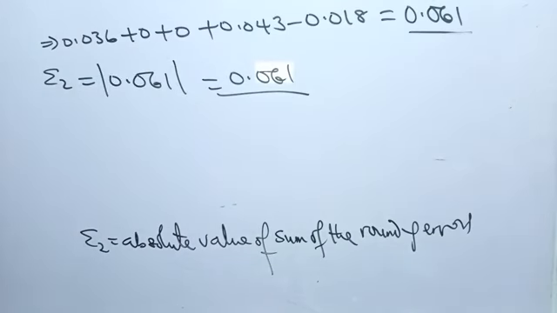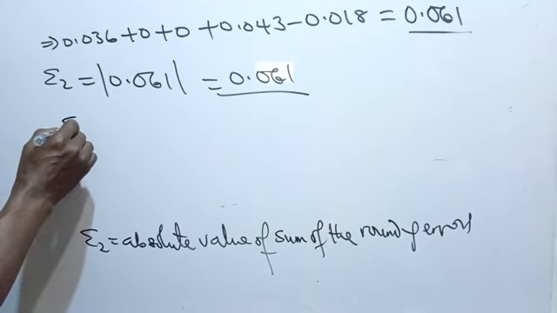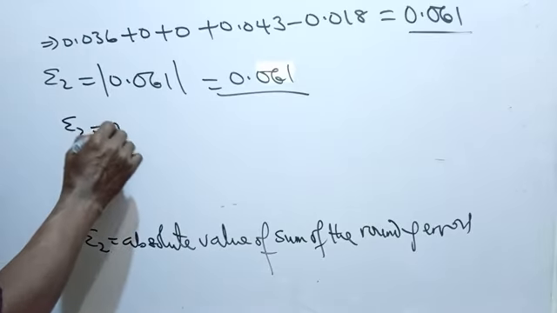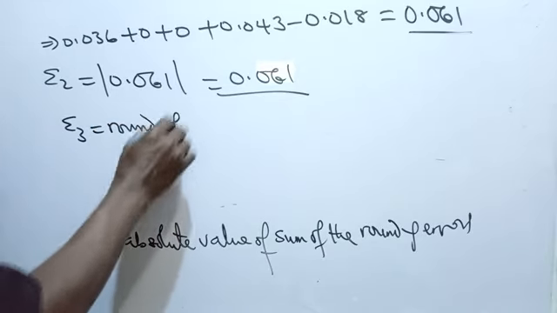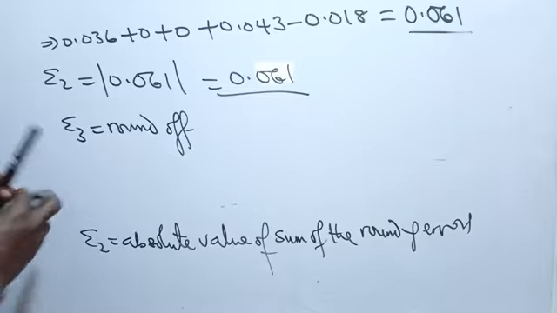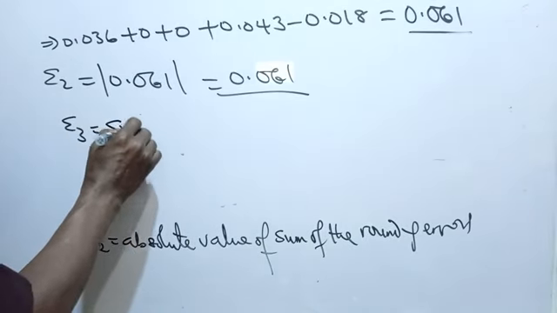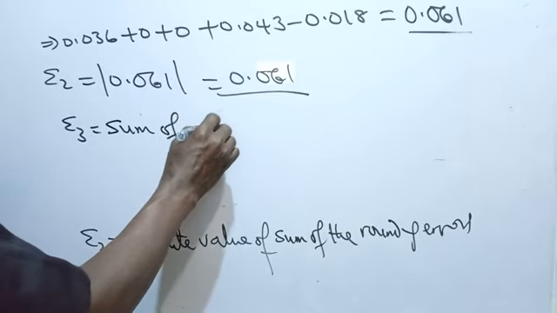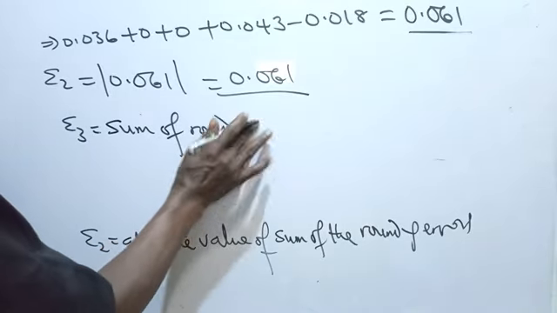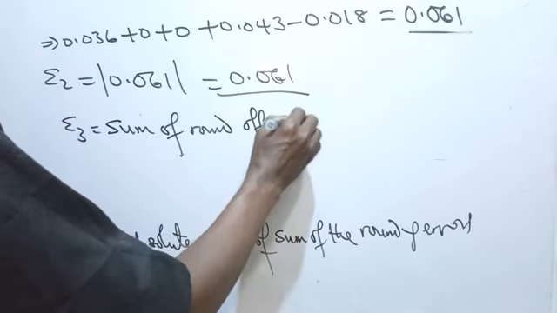That is it. Okay, now the third one is the round off error. Call it the sum of round off error. And how do we get that?